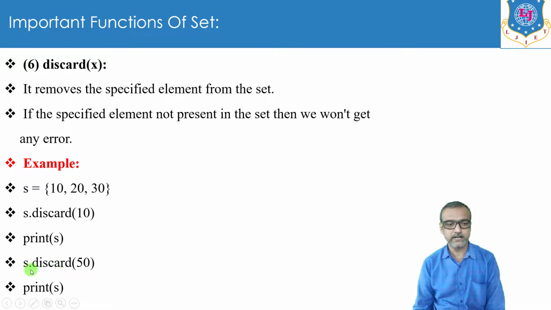And if you write S dot discard of 50, as you can see the element 50 is not present in set S, so it won't remove anything from set S, and at the same time it won't give us any error. After that, if we write print S, it will give us the output 20, 30.